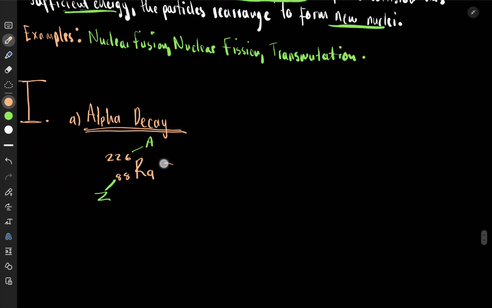Now, let's say that this is a reaction, right? So we put our equal sign. This is the equal sign for these chemical reactions. Let's say now we get 222 and 86, and this is radon. What would we then have? We would put our alpha particle, which is 4 2 helium.